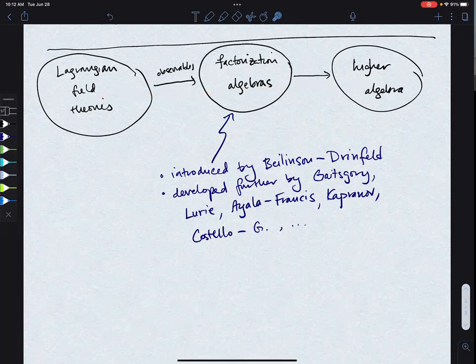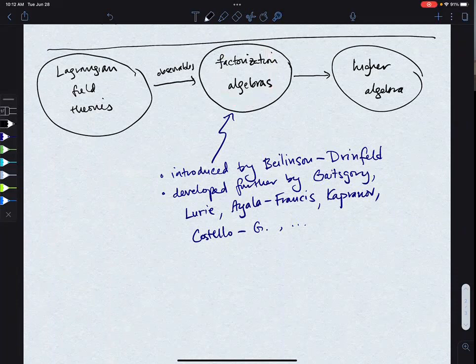So the main goal of the talk today is to introduce you to factorization algebras and why they are reflective of the structure of observables of a field theory. And this particular connection is that you can take a field theory, which you construct perturbatively using, say, Feynman diagrams, and it produces factorization algebras, which are some interesting kind of commutative diagram.